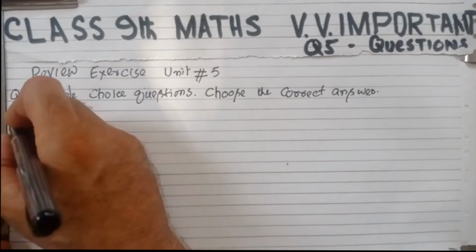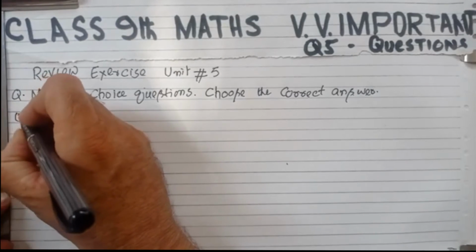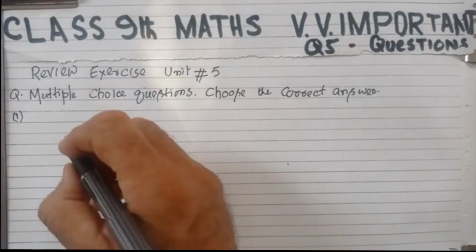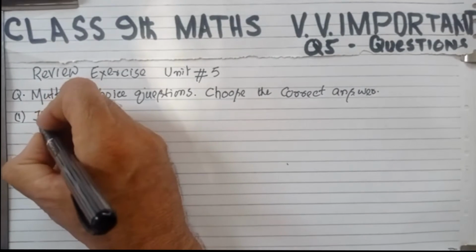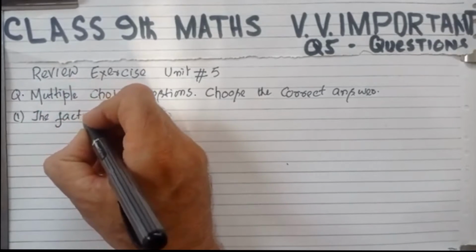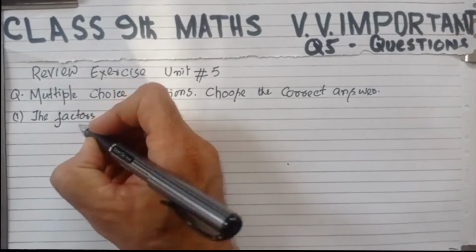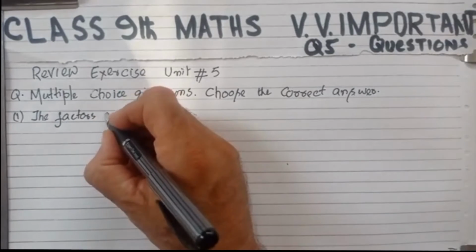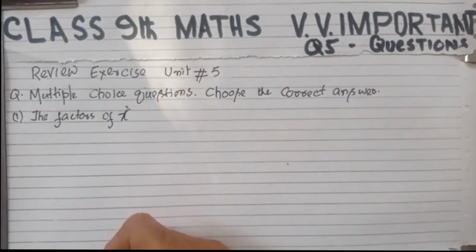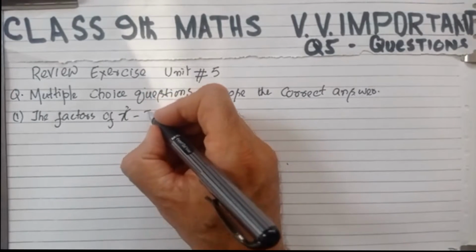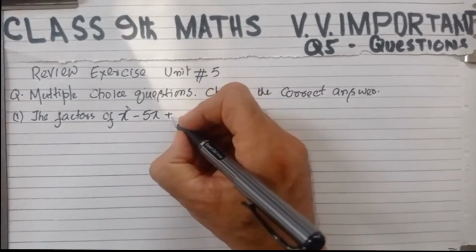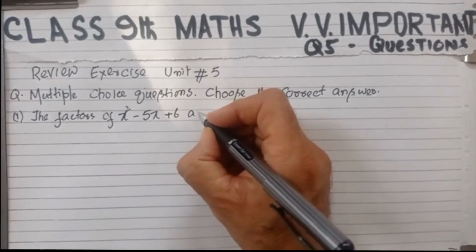So question number 1: the factors of x square minus 5x plus 6.